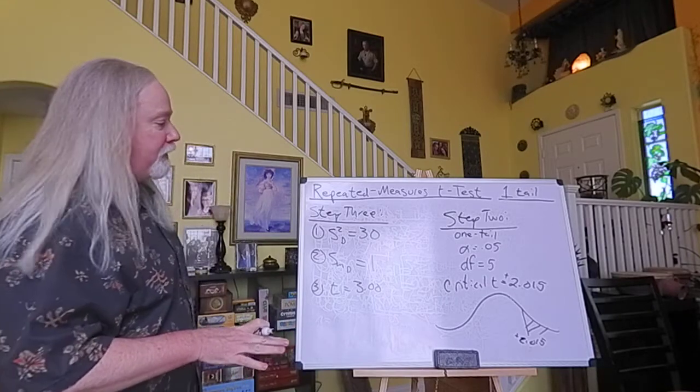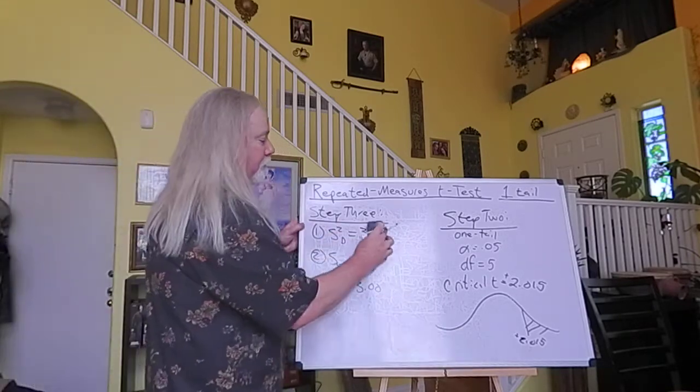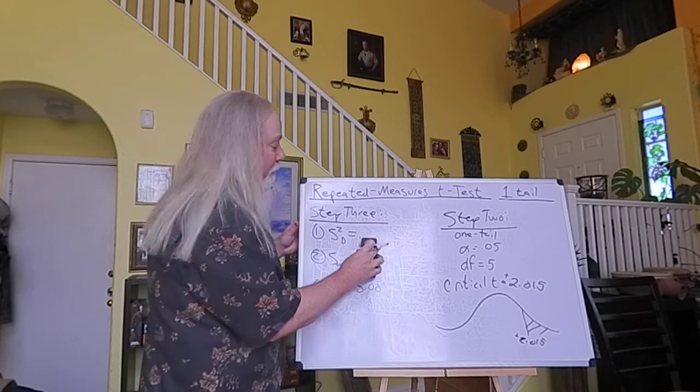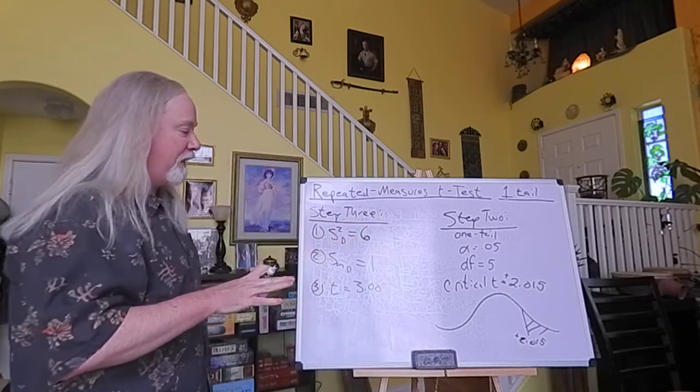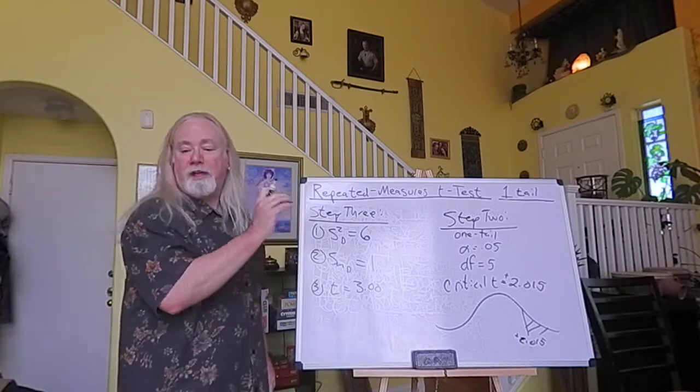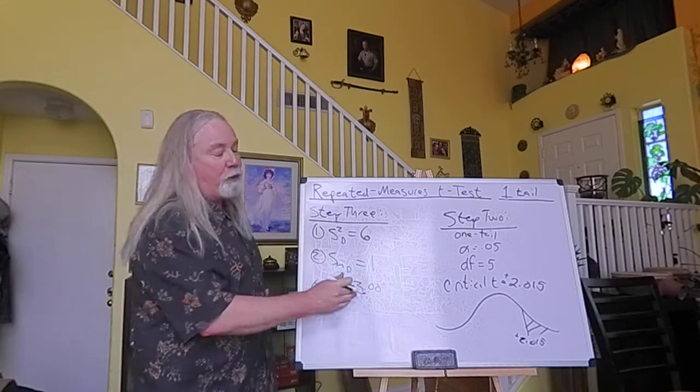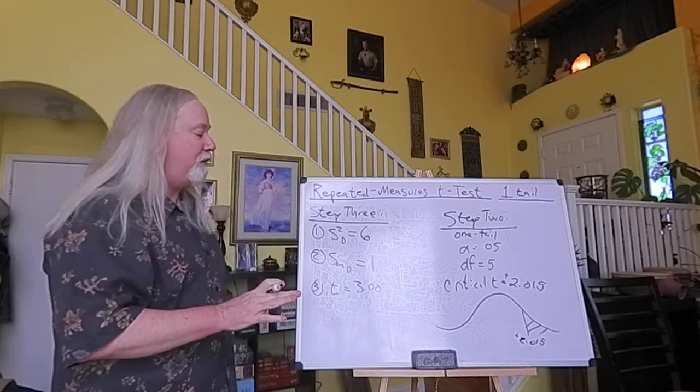Again, same, oh, I'm sorry, that was sums of squares. See, that's what I get for trying to do it from memory, huh? Variance was 6 points. Sorry about that, everybody. Variance was 6 points. Error was 1 point. Our t is 3.00. Again, same values as before.